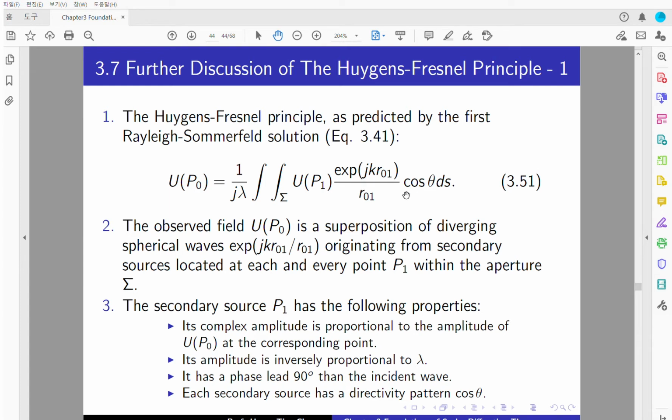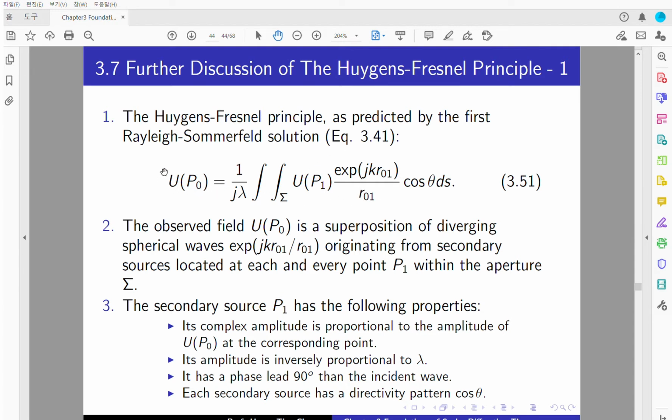So what it means is that at the aperture, each individual point at P1 has a certain amplitude, and then it propagates just like a spherical wave. That means every point at the aperture serves as a point-like source that emits a spherical wave.